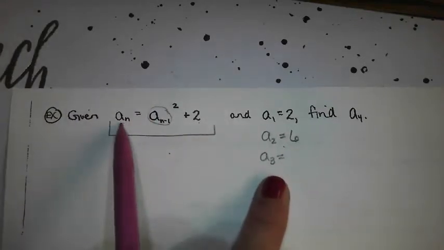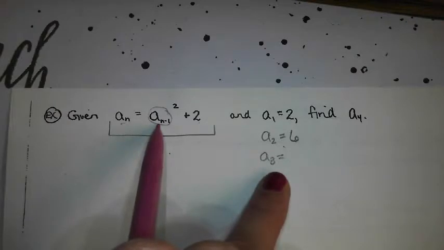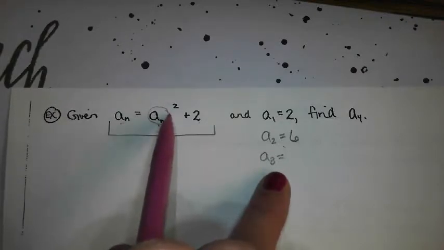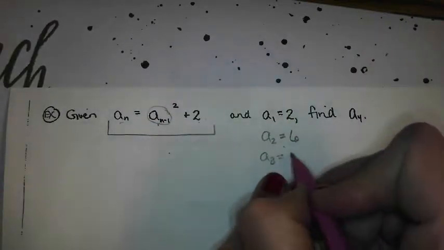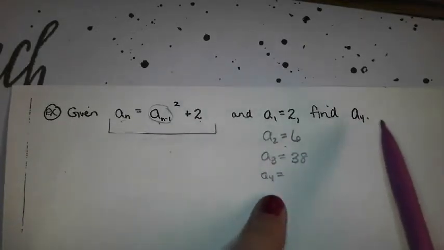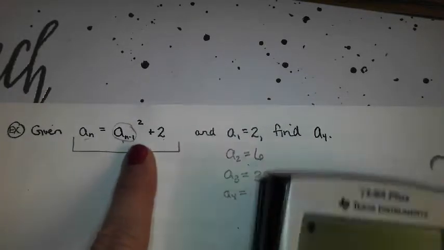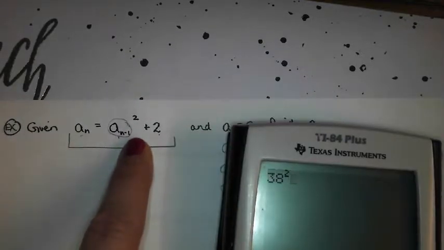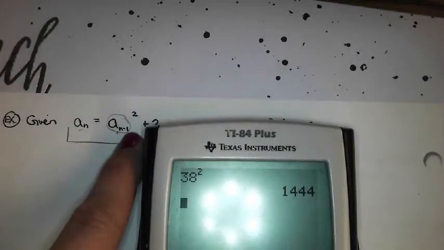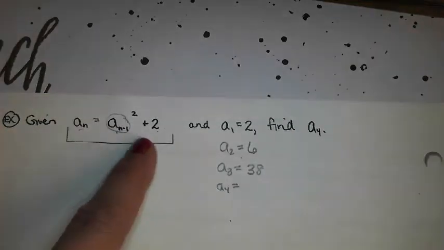To find the third term, I need to take the previous term, which was 6, square it, 36, add 2, 38. And for my fourth term, I need to take my previous term, which was 38, and I'm not going to square that in my head, 38 squared, and then add 2, 1446.